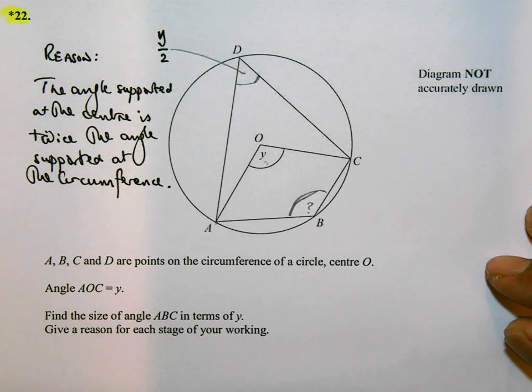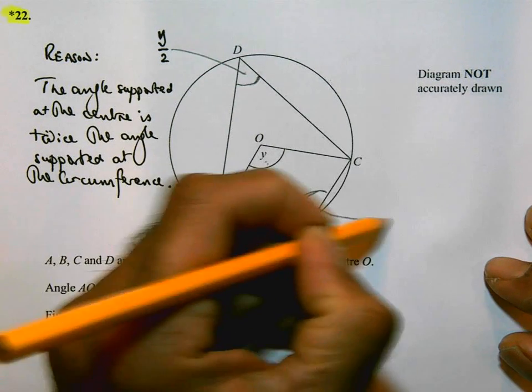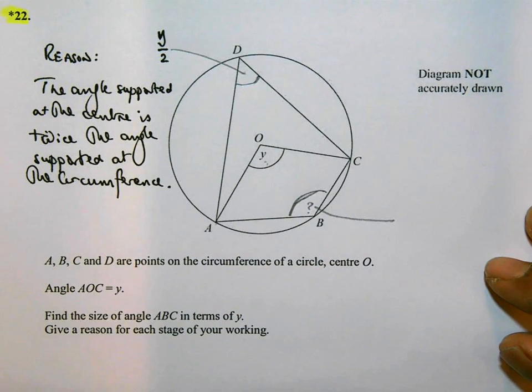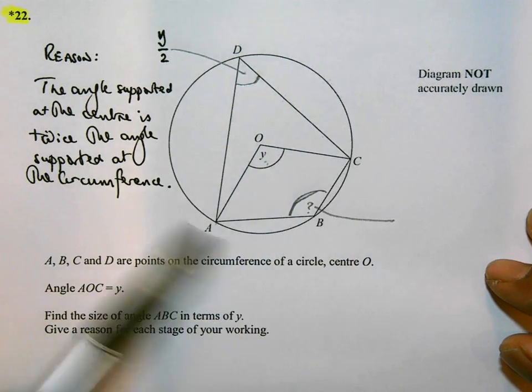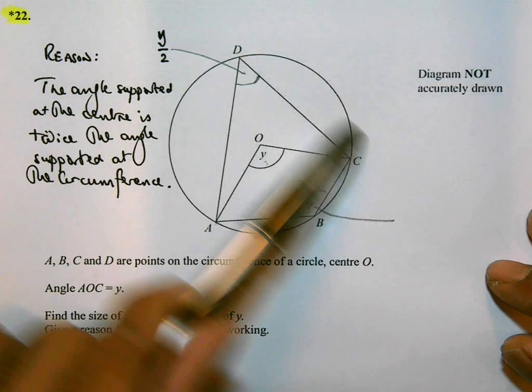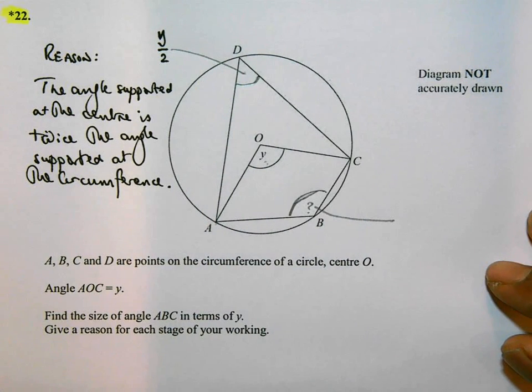I reckon I could go straight to working out this angle now, and the reason for that is A, B, C, and D are on the circumference of a circle. They form a four-sided shape, a quadrilateral. They form a cyclic quad, and opposite angles in a cyclic quad add up to 180 degrees.